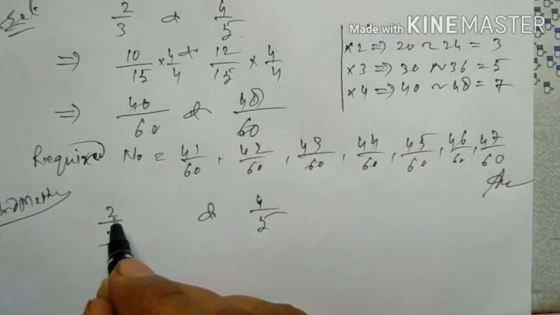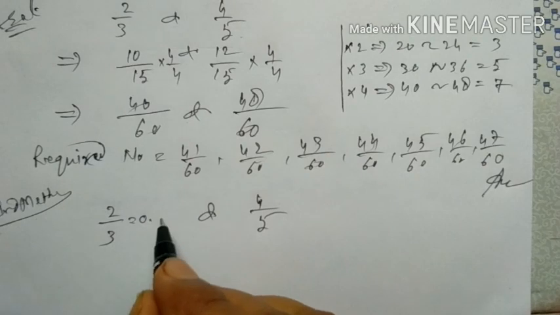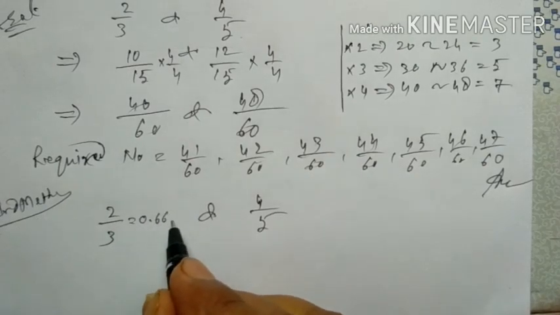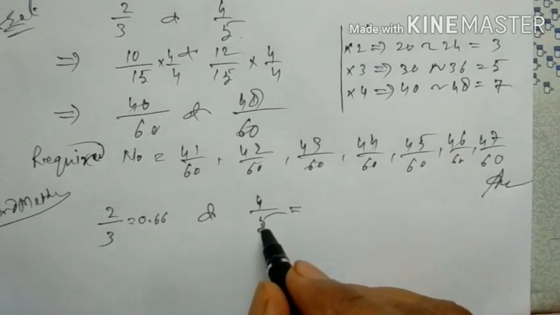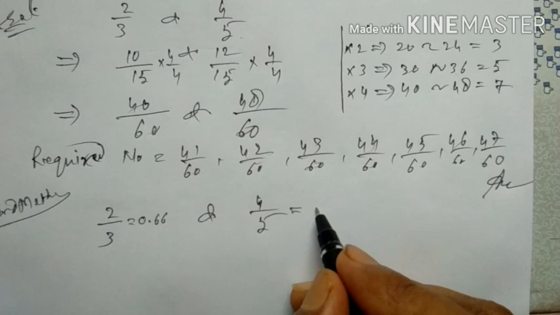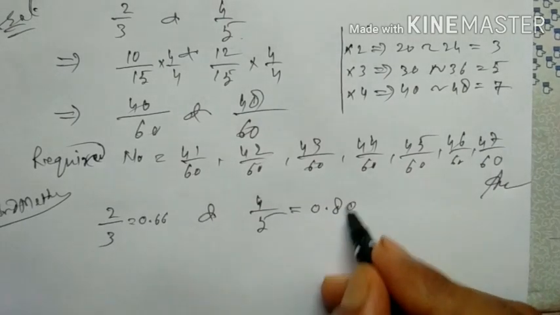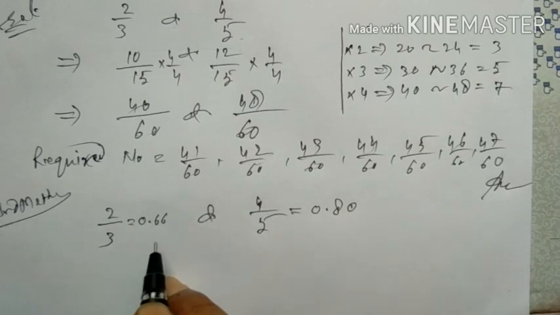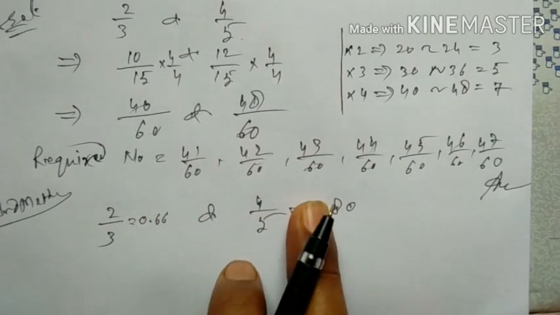When we divide 2 by 3, we will get 0.666666 and so on. And when we divide 4 by 5, we will get 0.80. Then except the 0, this is 66 and this is 80.